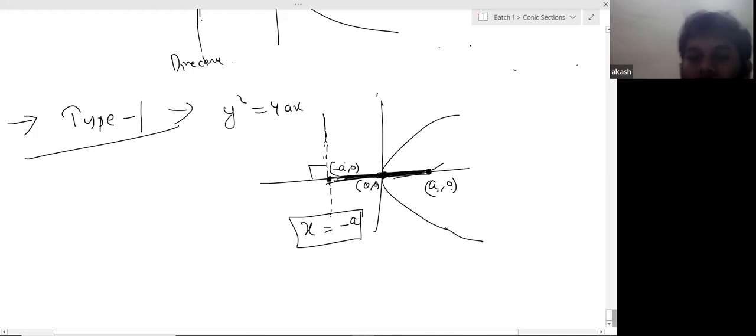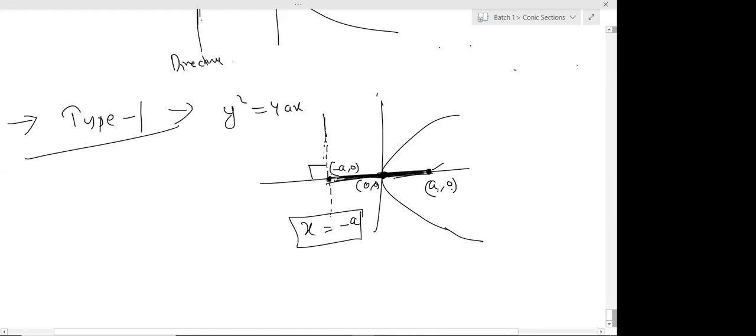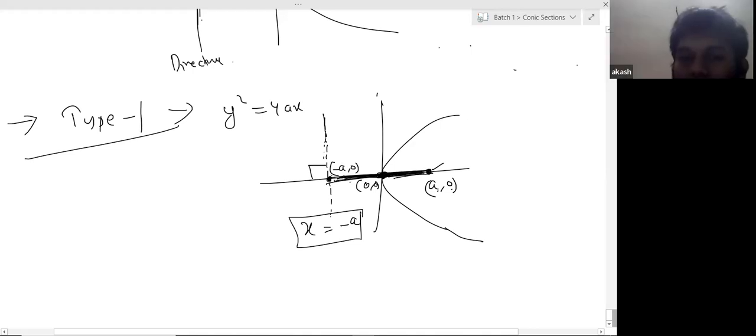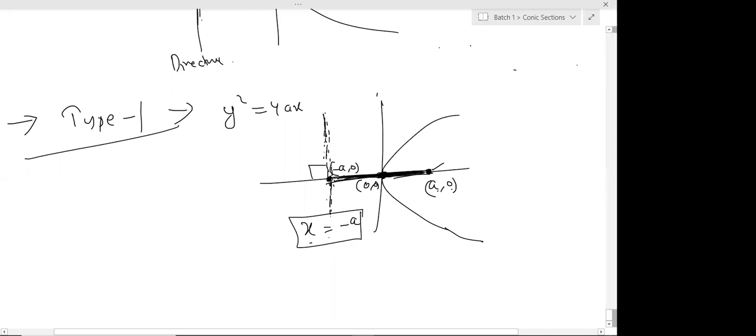So if this is a comma 0, this is minus a comma 0, and I have to write the equation of a line which is perpendicular to the x-axis, and you solved it in class 9, right? This will be x equals minus a. Gautam, clear now? Yes, sir.